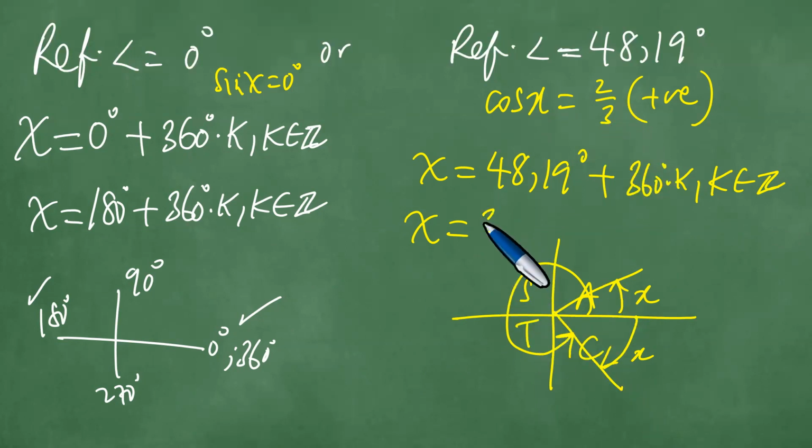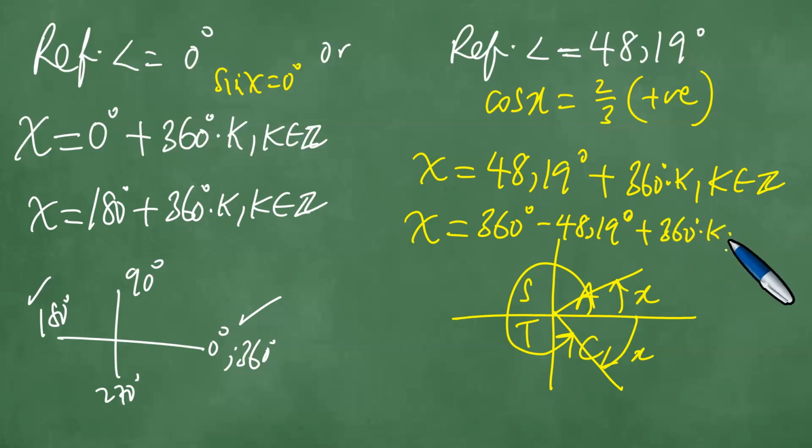So we're going to say 360 degrees minus this. 360 minus will take us to the fourth quadrant. Minus the acute angle: 360 minus 48,19 plus 360 degrees times k, where k is in Z.